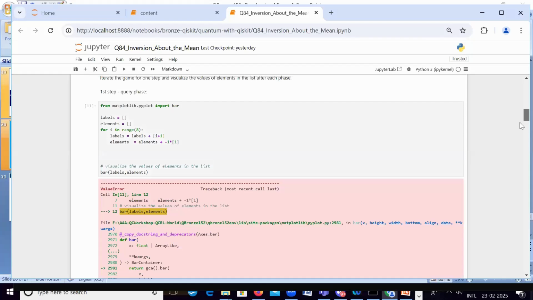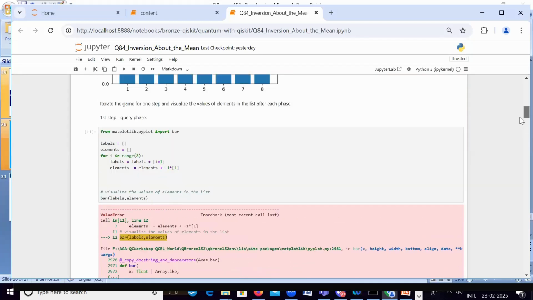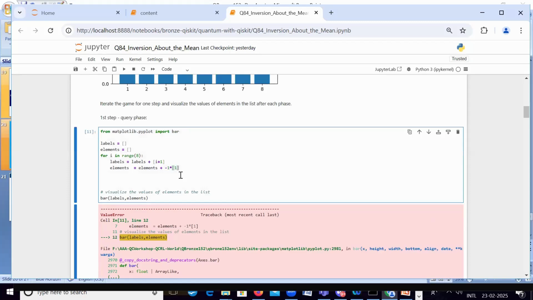Here is the issue. This element and element is being added, which is of 1. It is something like this.